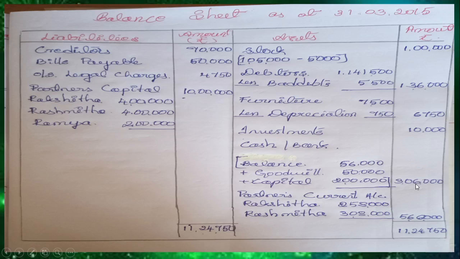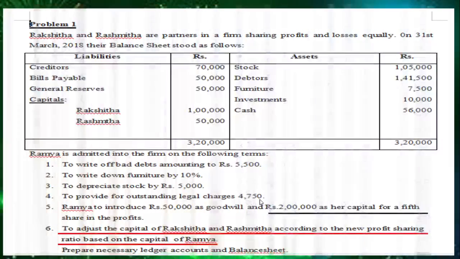So the total cash balance available with the partnership firm is 3,06,000. If the goodwill is withdrawn by the partners, we need to deduct the amount. But here there is no goodwill withdrawn by the partners, so there is no need to deduct the goodwill amount. So the cash or bank balance is 3,06,000 rupees.